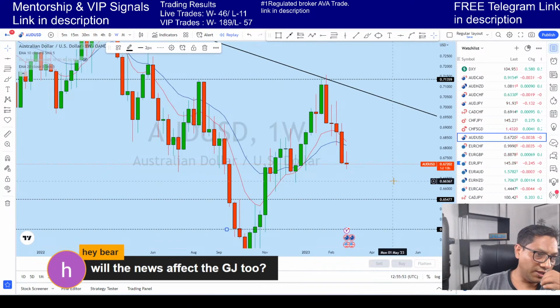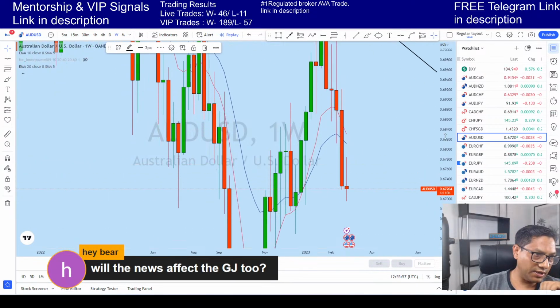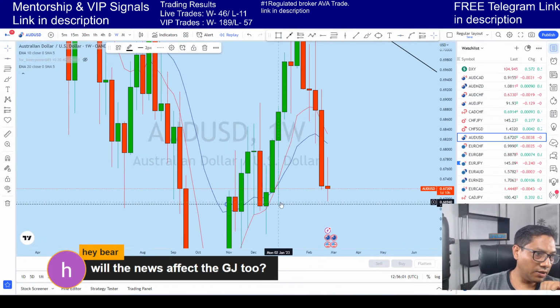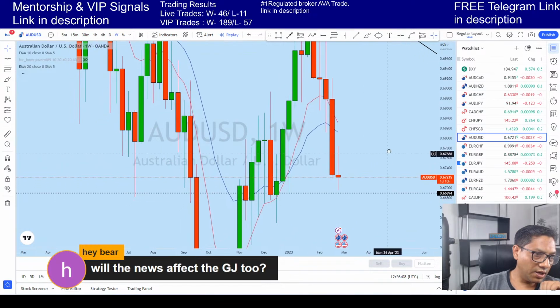now from the weekly there is only one thing that is a little bit of concern with me. You can see that from this support on the weekly, this long pin bar has formed.